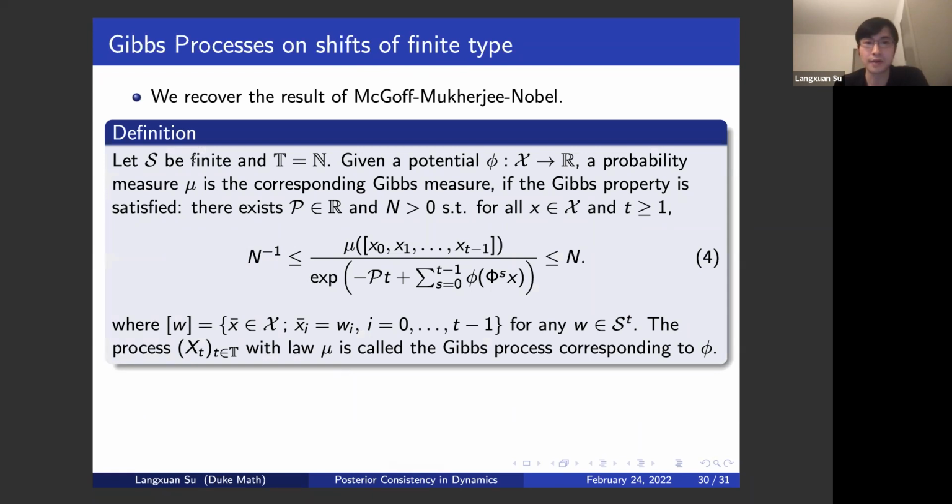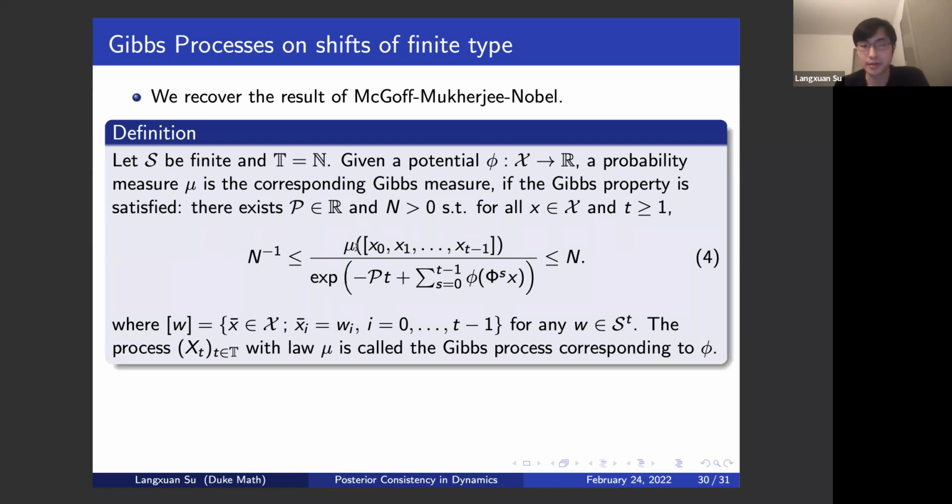Basically the state space is finite, consisting of alphabets, and then you look at the path space, the sequence space consisting of values from this alphabet, and the dynamics here is the shift map, so you can shift your sequence just like a stochastic process.